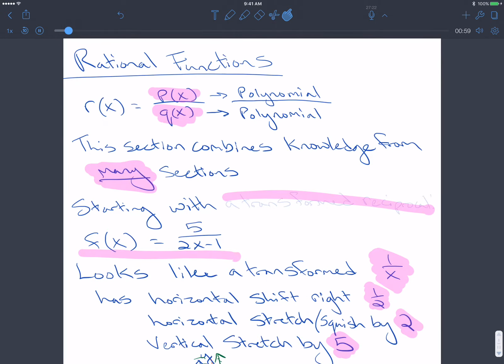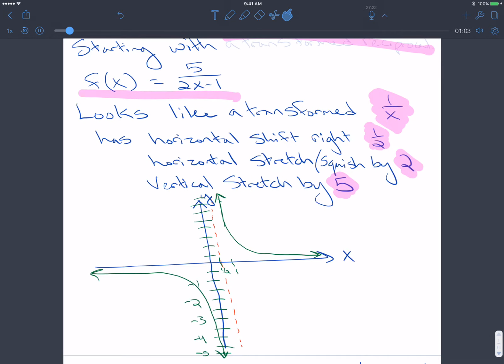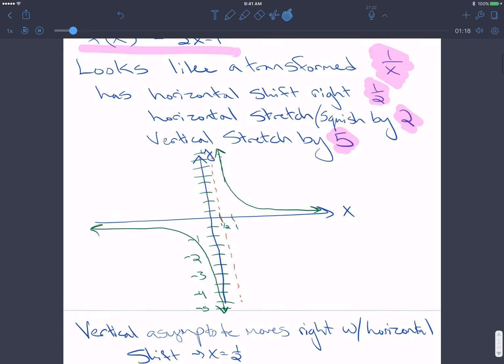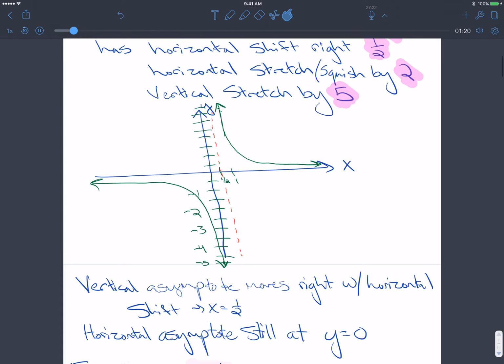So if I graph it, what happens is that vertical asymptote gets moved to the right by 1/2, because we had a vertical asymptote at 0, right, when x is 0. Now it's at when x is 1/2, because we divide by 0 if 2x minus 1 equals 0 instead of x equaling 0. And likewise, we have a horizontal asymptote at y equals 0.